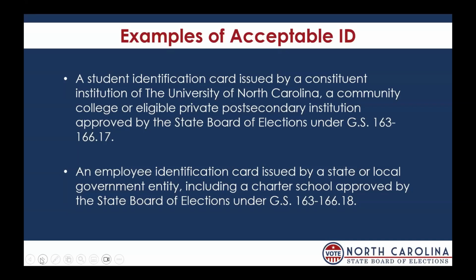A student identification card can be used for voting purposes if it is issued by a constituent institution of the University of North Carolina, a community college in North Carolina, or an eligible private post-secondary institution, so private school. An employee ID card can be used if it's issued by a state or local government entity, and that includes charter schools. All right, next slide.